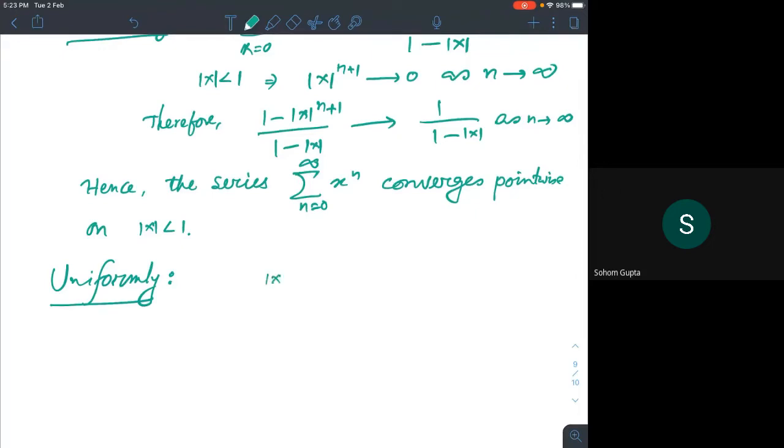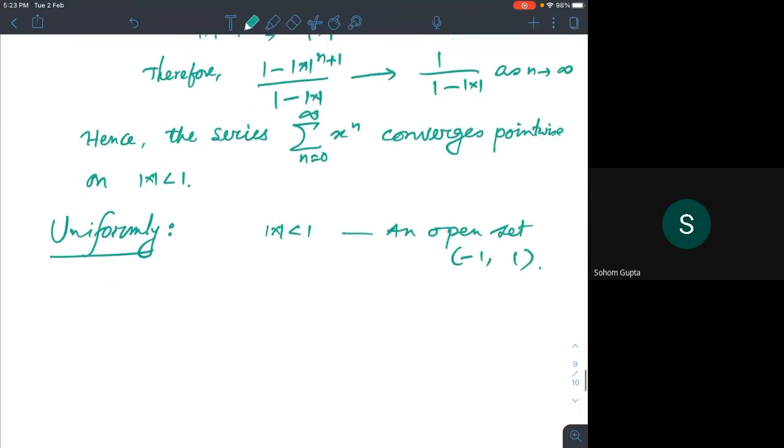So mod x less than 1 gives you an open set, minus 1 to 1. Now you need a compact set because otherwise the supremum would be equal to 1, and so the summation of 1 doesn't converge.